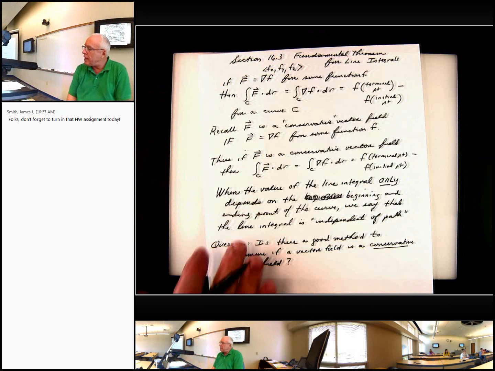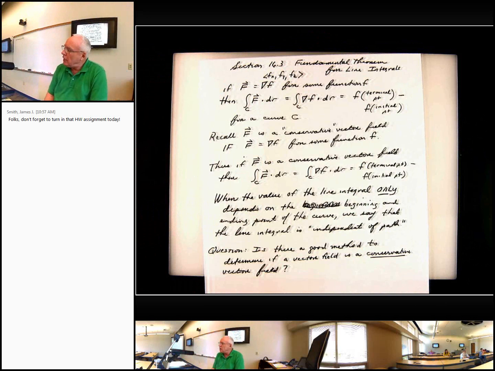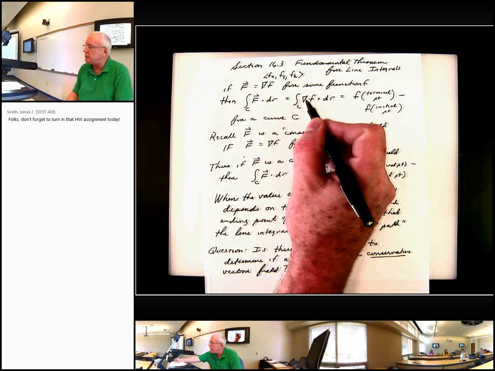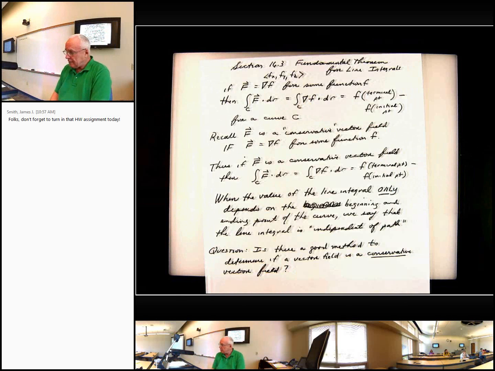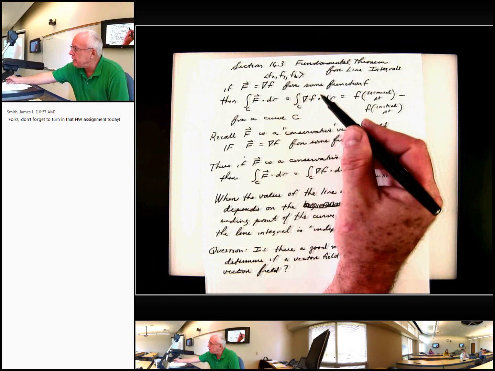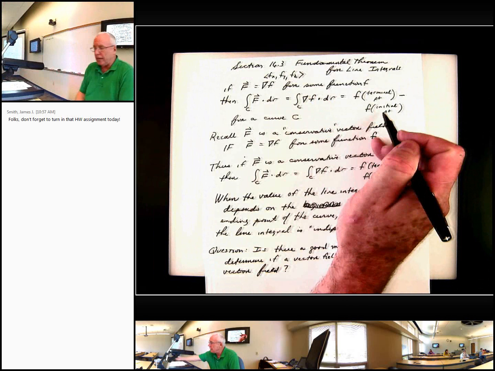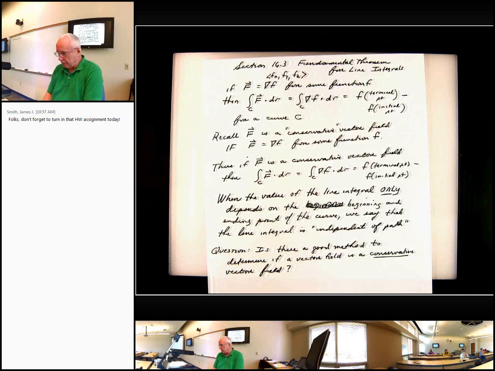If it equals that, then the line integral of the vector field F dot dr is equal to the line integral of the gradient of small f dot dr. And the nice thing is that what that evaluates to is you take that little f function, you plug in the endpoint of your curve, and you subtract f evaluated at the beginning point of the curve, in a very similar way to what you're used to with antiderivatives over an interval.